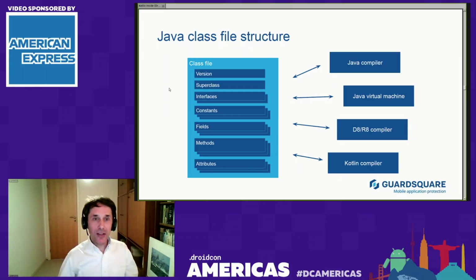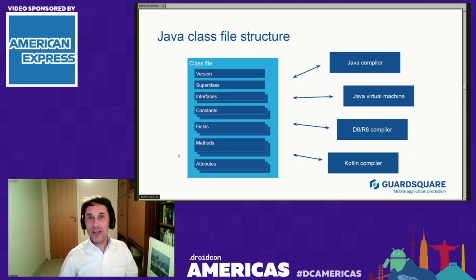Now, the class file format is something that's governed by the Java community process, and it's evolving only very slowly. So every now and again, you get a new version of Java, and it may add an occasional new constant or an occasional new attribute that is then understood by all of this software surrounding it, the whole ecosystem.